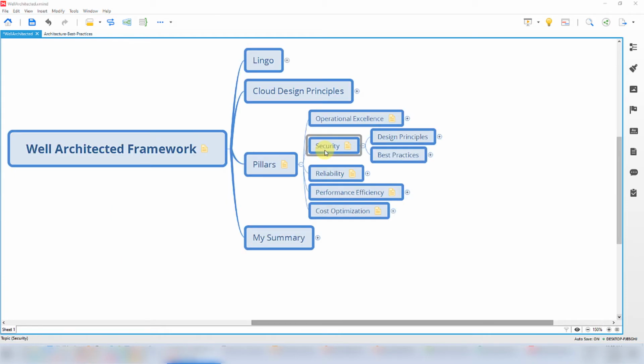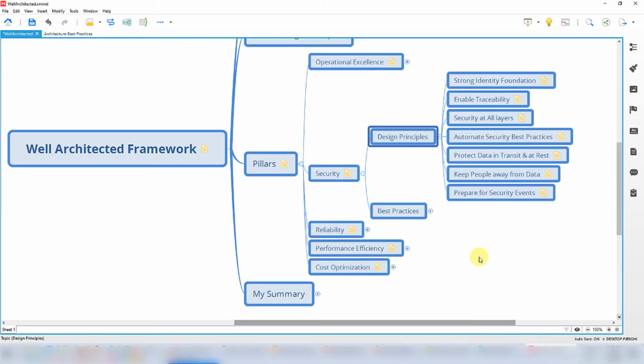The security pillar is about protecting your systems and your data by conducting conscious risk assessments and figuring out strategies to mitigate the risks. Let's look at key design principles for the security pillar. Strong identity foundation.